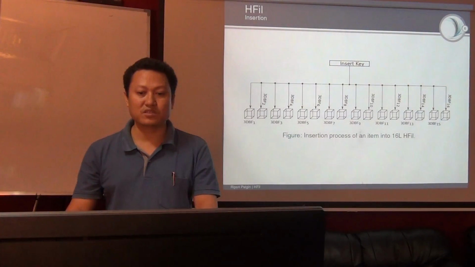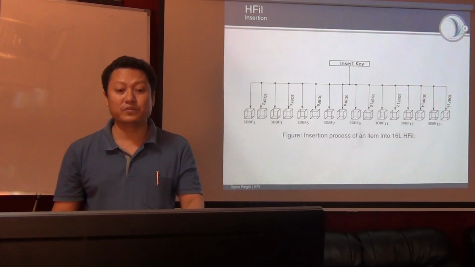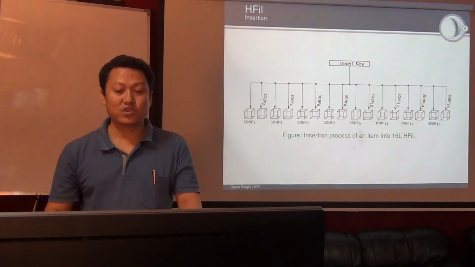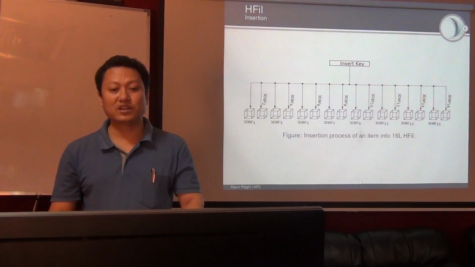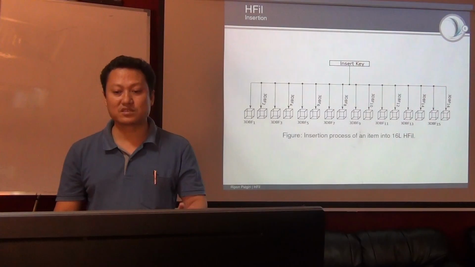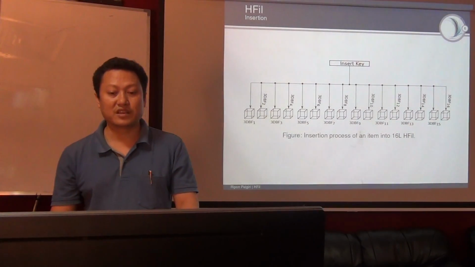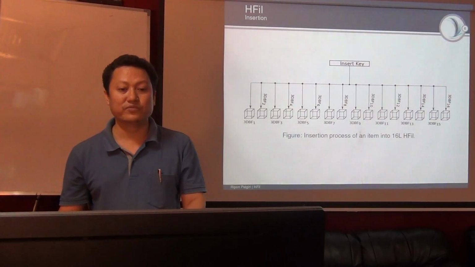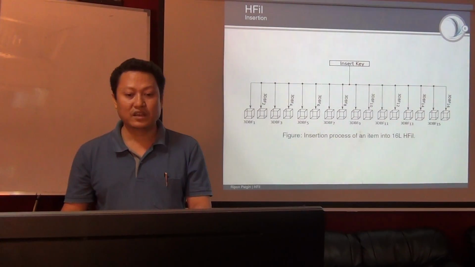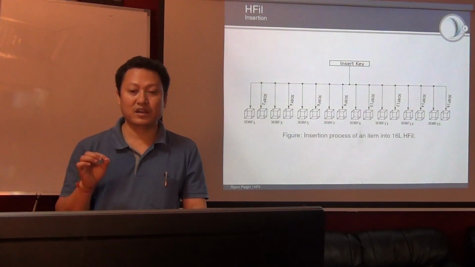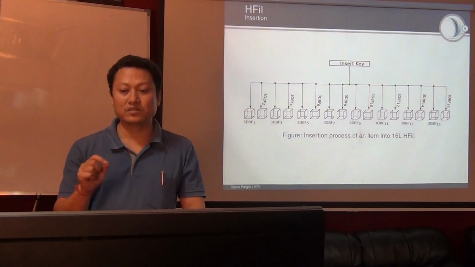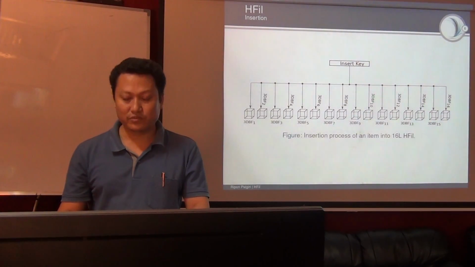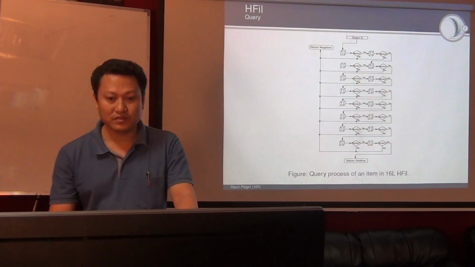So for insertion of a key into that HFil, say for example this is 16L, there are 16 Bloom filters provided, and an input item is inserted into the 16 3-dimensional Bloom filters.